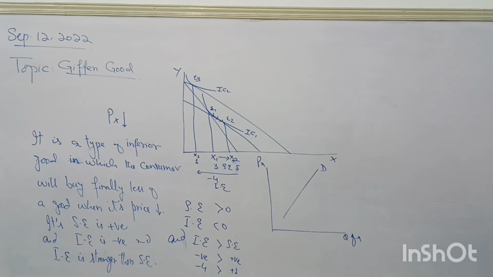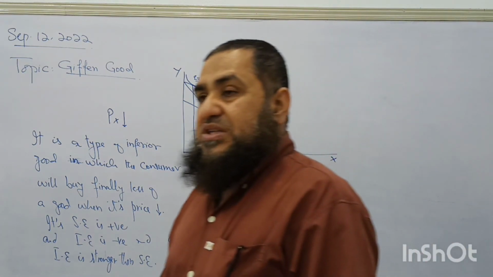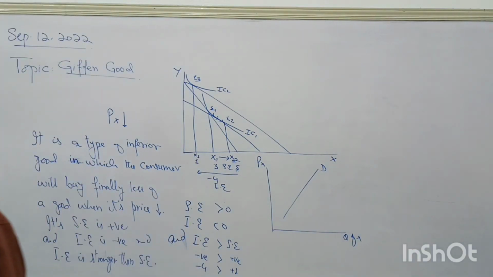The goods which show our status symbol in society, like a Mercedes car, BMW car, or even diamond jewelry. You can see diamond ornaments. Even if their prices are increasing, people are still buying them because that shows their status symbol as well. So in that case, this is also Giffen good behavior in the market.